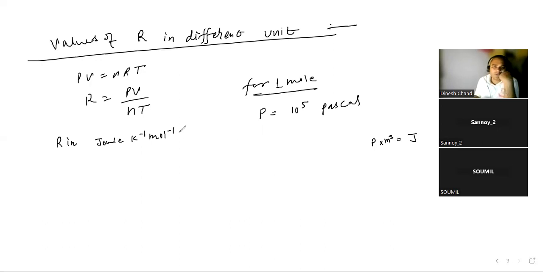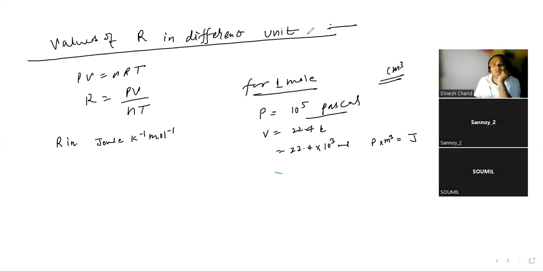This is the unit. So P is 10 power 5 in Pascal. V is 22.4 liter. In milliliter we have to multiply by 10 power 3, and in centimeter cube it will be 22.4 into 10 power 3.